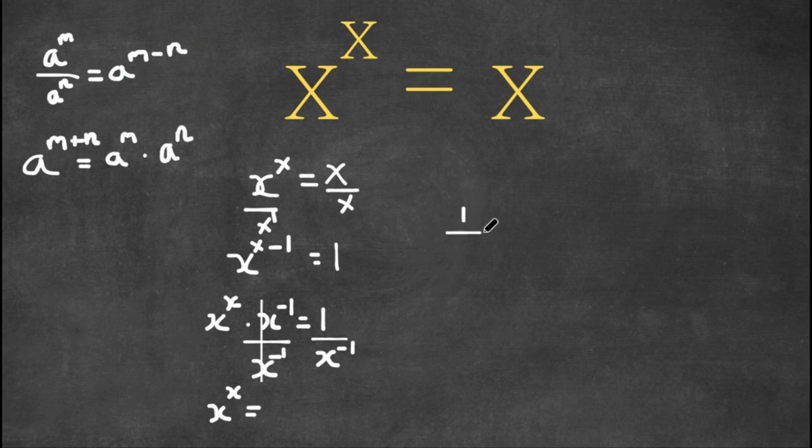And x to the power of negative 1 is the same thing as 1 over x to the power of 1, so this would be 1 over x. And 1 over x is simply equal to x. So 1 over x to the power of negative 1 is simply just x. So now we get x to the power of x is equal to x.